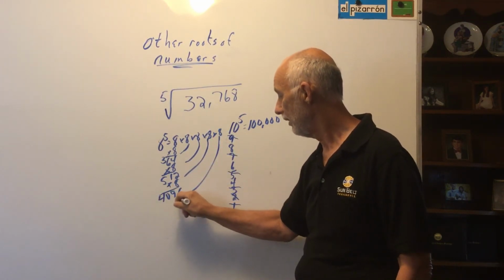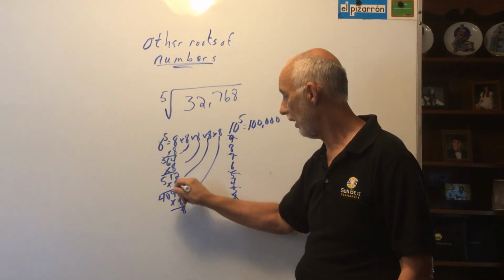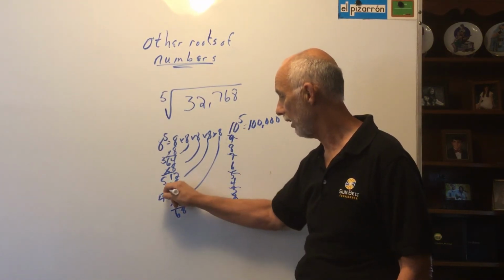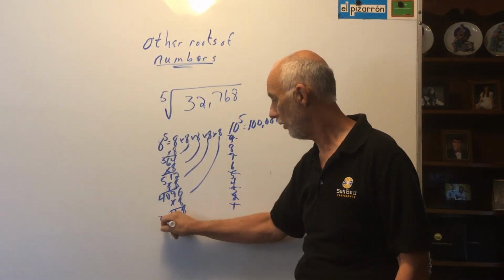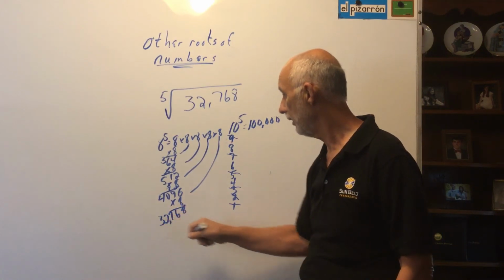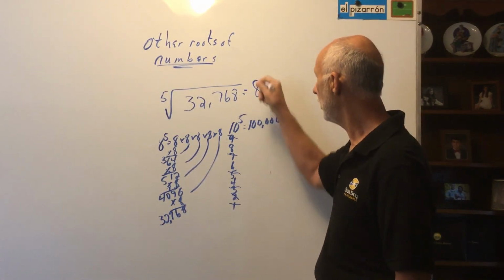Times 8 is 48, carry your 4, 76, carry your 7, 7, 32. Ding, ding, ding. I got it on my first guess this time.